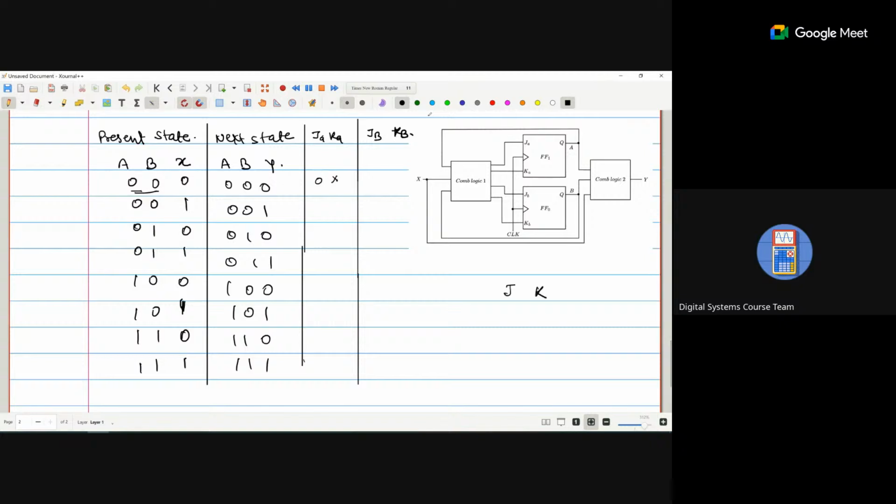J, K, Q plus 1: 0, 0, 0, 1, 1, 0, and 1, 1. I just draw the excitation table of that one. Qn plus 1, J and K: 0 becomes 0 cross, 1 becomes 1 cross, and so on.